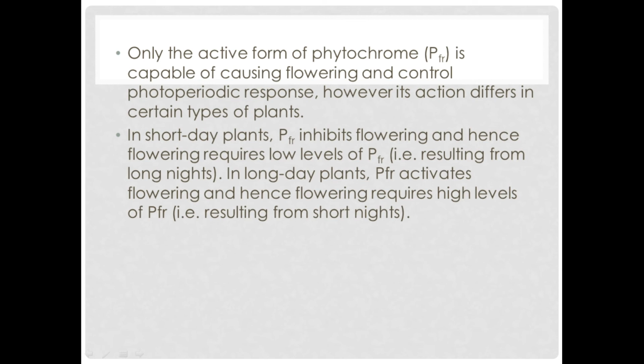For example, in short day plants, phytochrome far red actually inhibits flowering. Hence, flowering requires low levels of phytochrome far red. So, if a short day plant has more phytochrome far red, it will not flower.